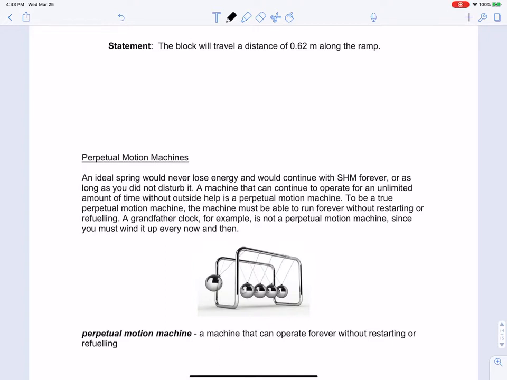This system will oscillate back and forth, and ideally this would continue forever and ever, but it doesn't happen. Eventually, it slows down. And the reason why it slows down is because the motion ends up being dampened. Some of the energy is lost.